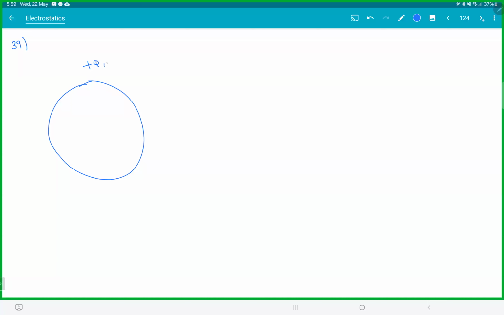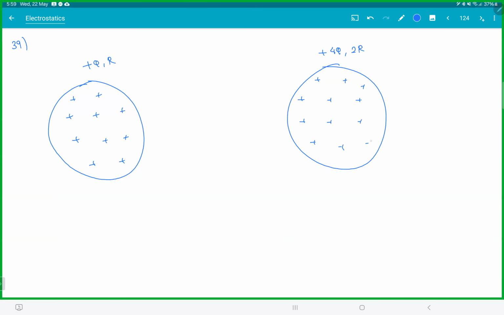So this is plus Q, radius R, uniformly charged. Doesn't matter actually. But okay. We have 4Q, 2R. This is also uniformly charged.